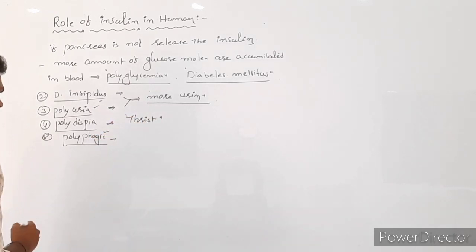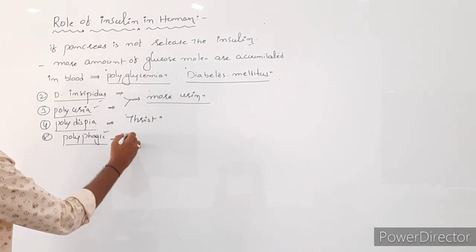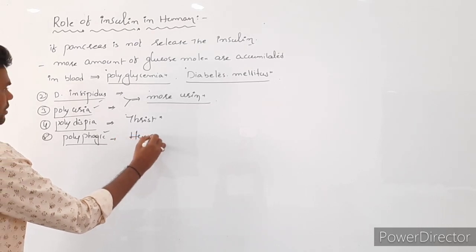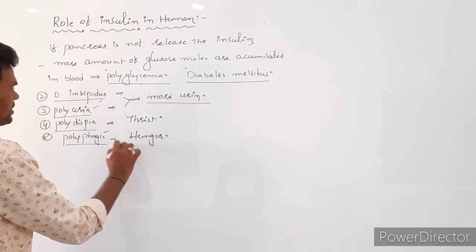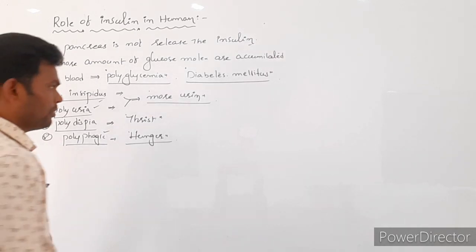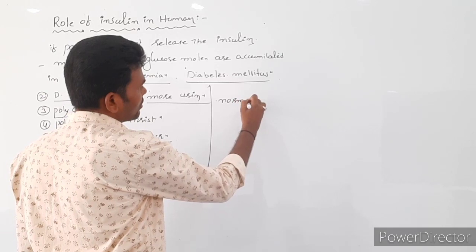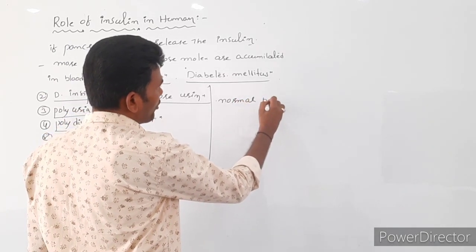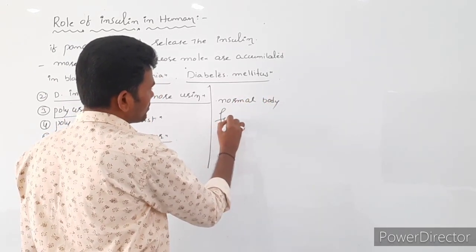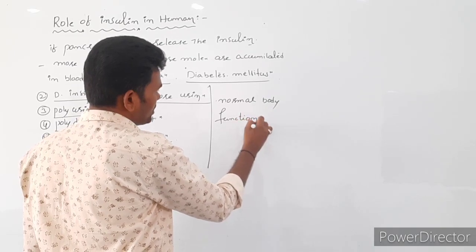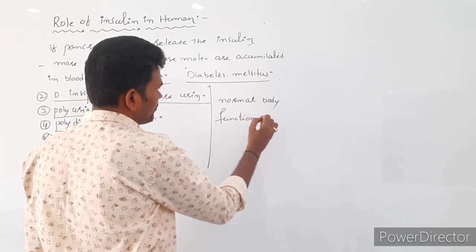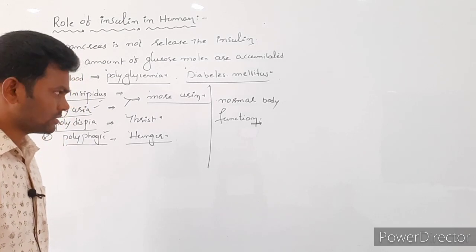And in the polyphagic case, the person is always hungry. Besides this, insulin is also needed for normal body functions.